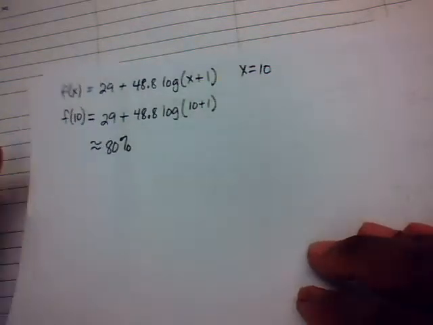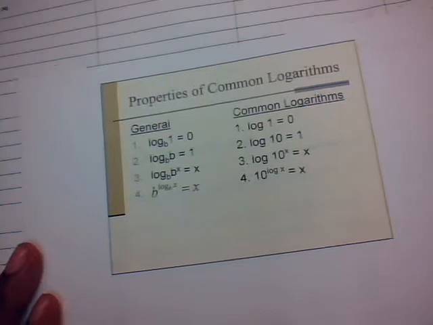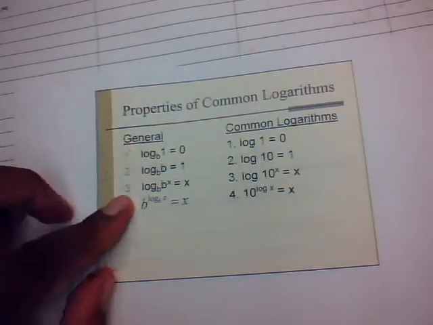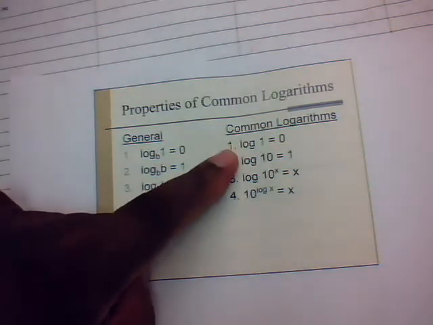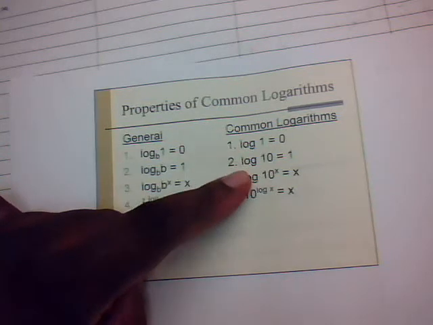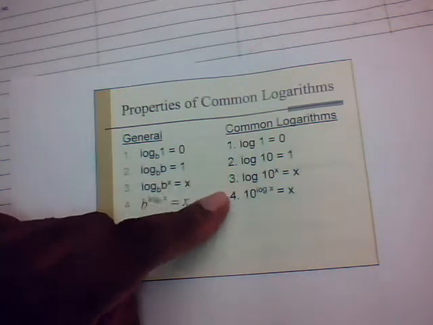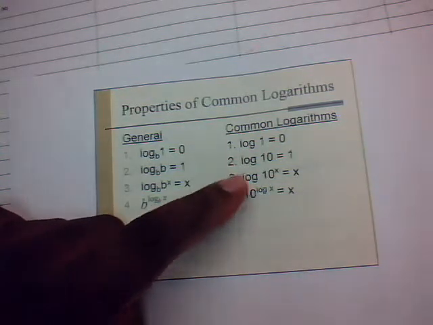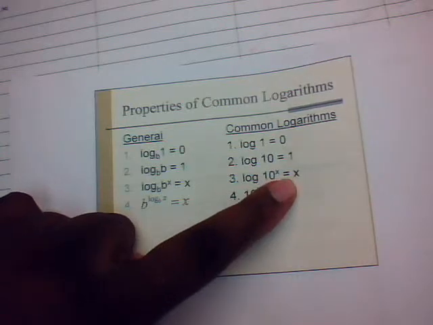Okay, and here are some properties of common logarithms. These are similar to the properties of general logarithms that I discussed earlier. In this case, the common logarithm of 1 is going to be 0. The common logarithm of 10 is 1. These two involve the number 1. These two are inverse properties, where log of 10 to the x is x, which is that exponent.